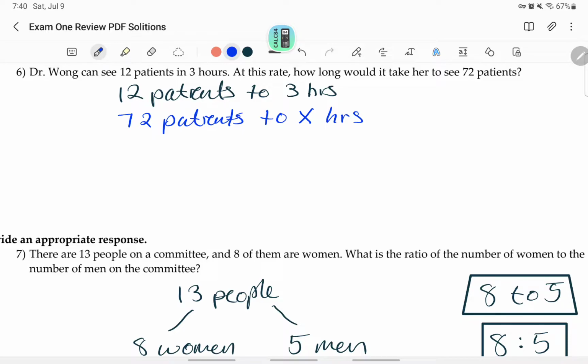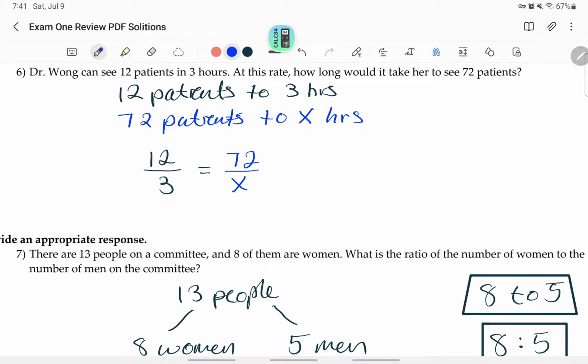Let's write this as 12 patients to 3 hours and set that equal to 72 patients to x hours. And the reason why I'm not writing the units is because the units line up with each other.